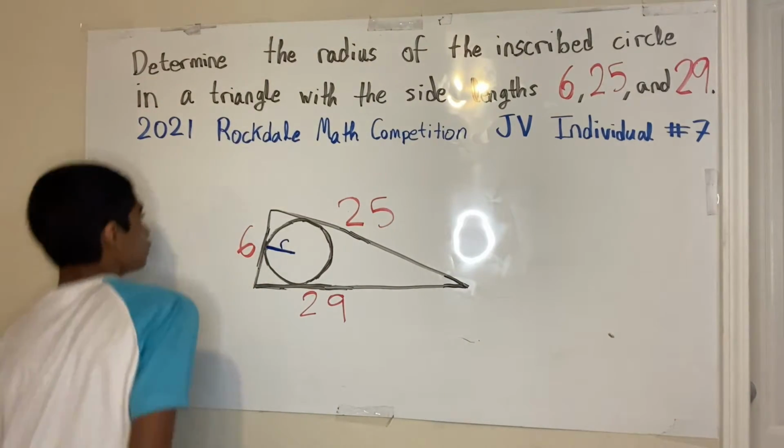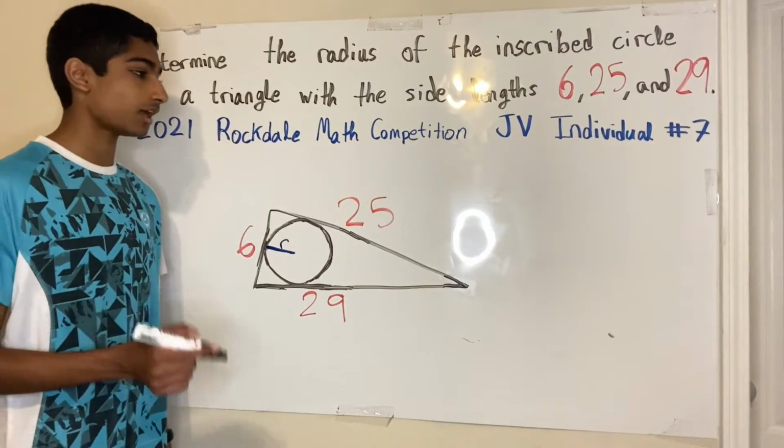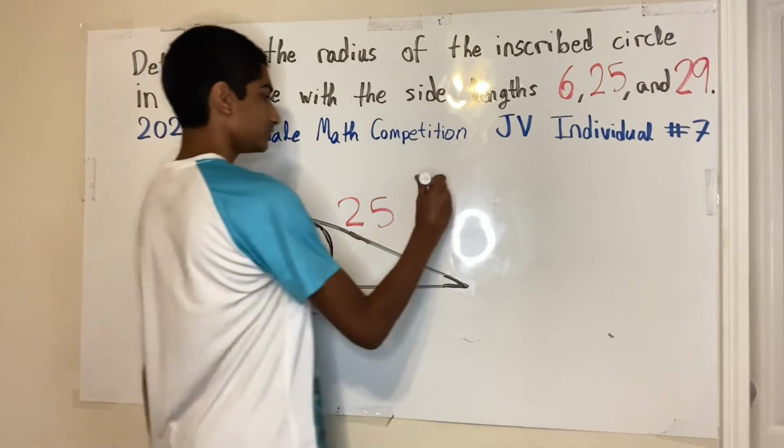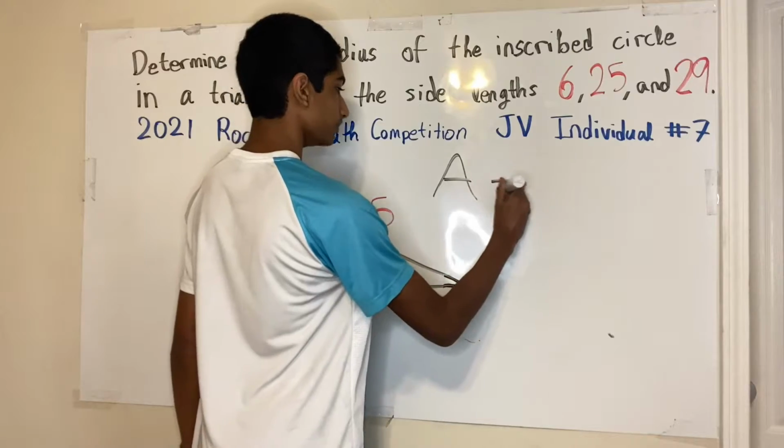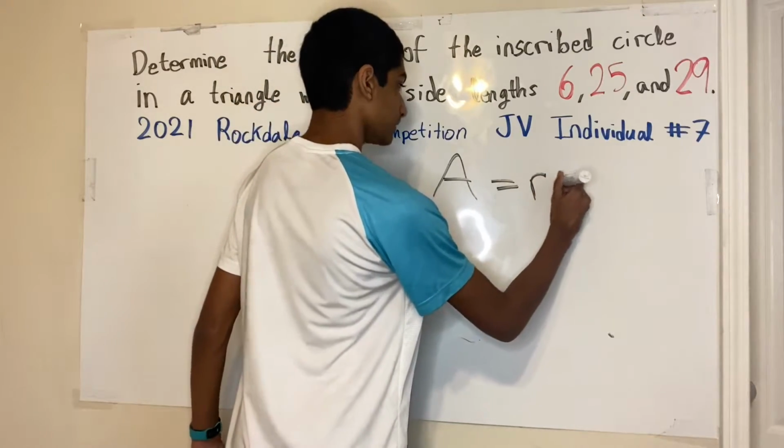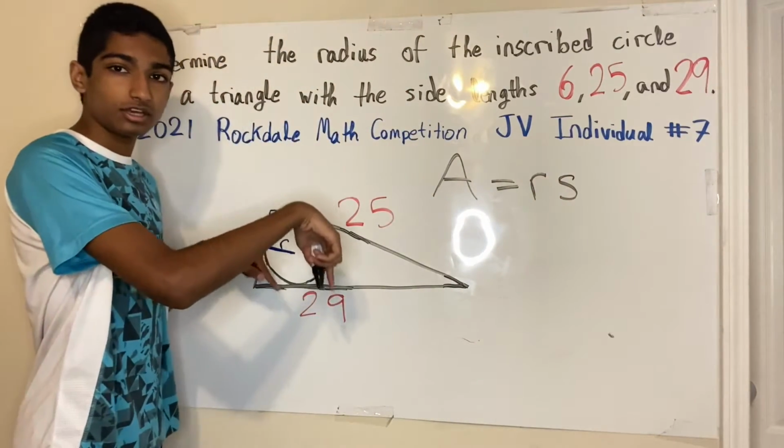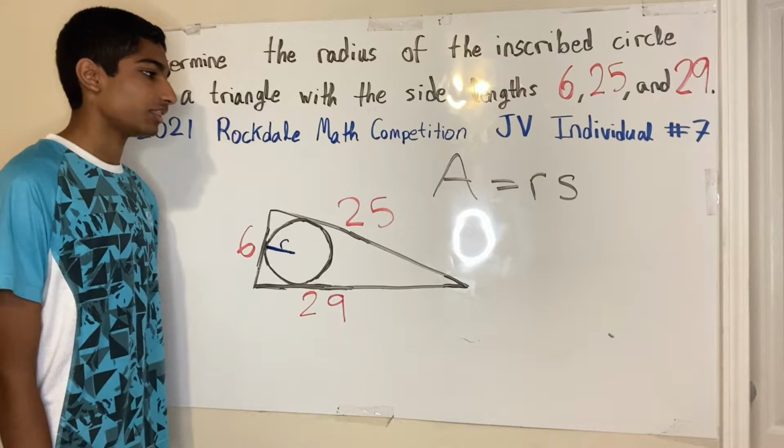Okay, so now that I'm done drawing the diagram, let's look at the first formula that we went over, and that is A is equal to R times S. Skip back to the timestamp in the video description for more information on that.